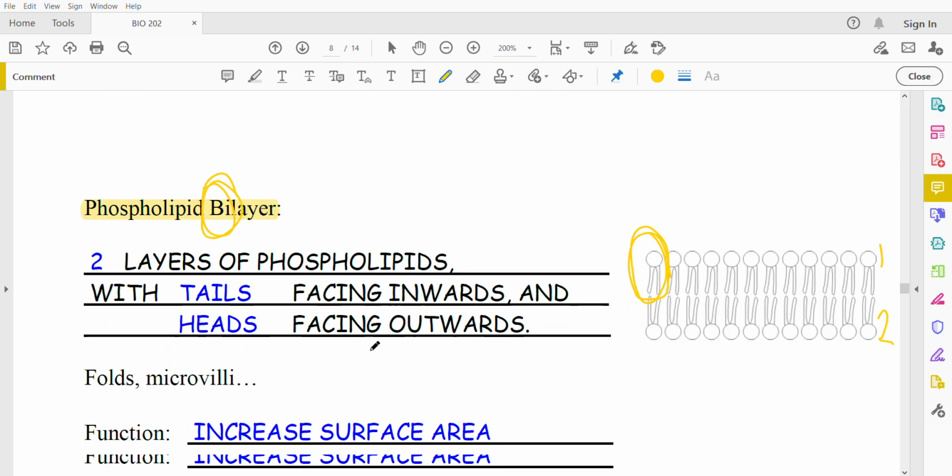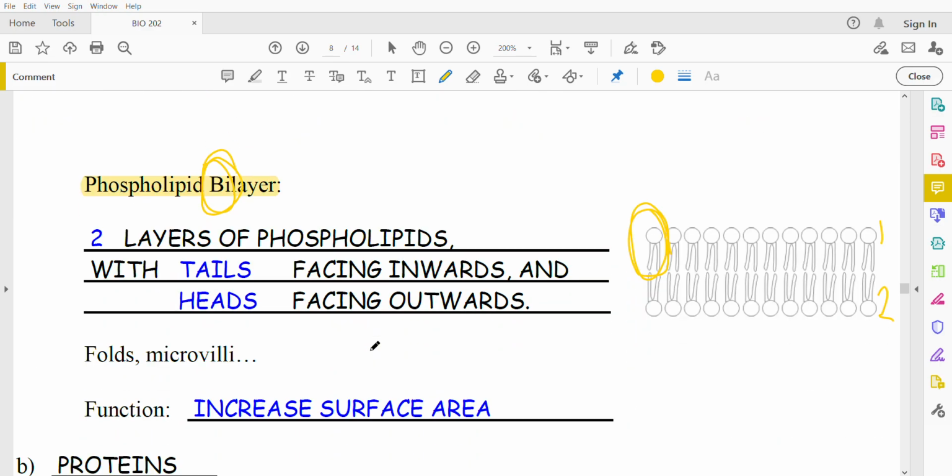So what does the phospholipid bilayer tell us as a term? It tells us that a phospholipid bilayer is made of 2 layers of phospholipids. So 1 layer and 2nd layer.